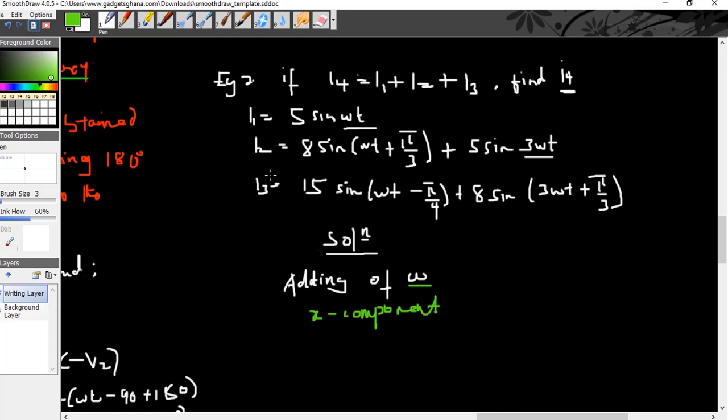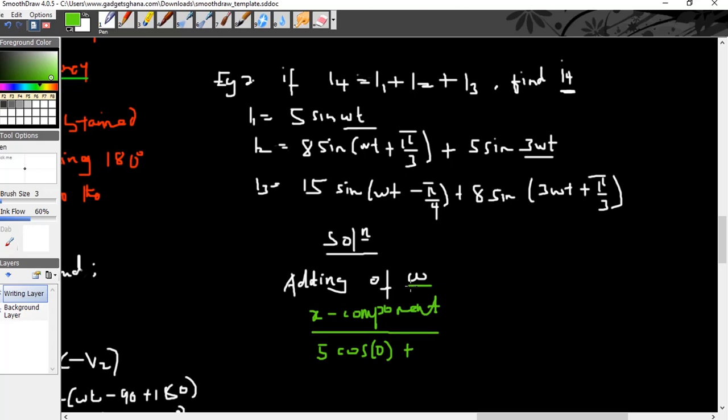For x components we normally use cos. So pay attention. This will be 5 cos, and we don't have any angle over here, so we have 5 cos 0, plus, kindly pay attention, we are taking only for this portion.